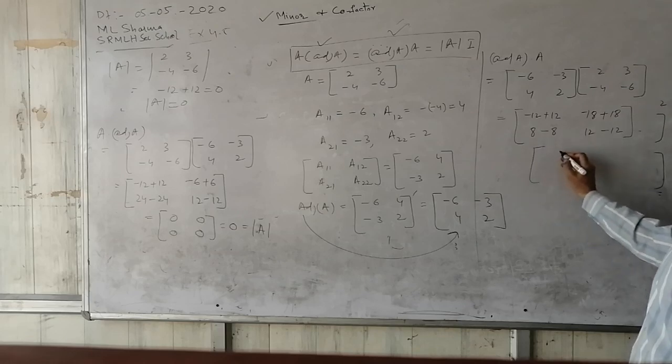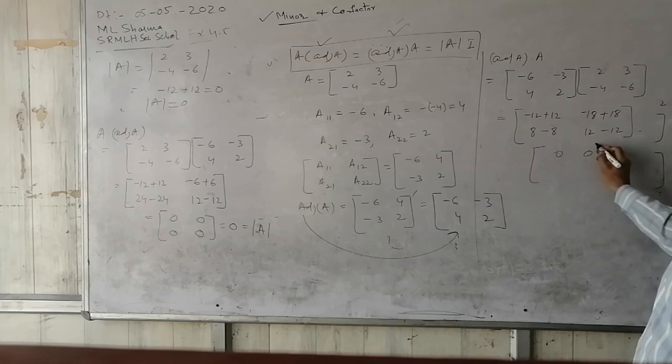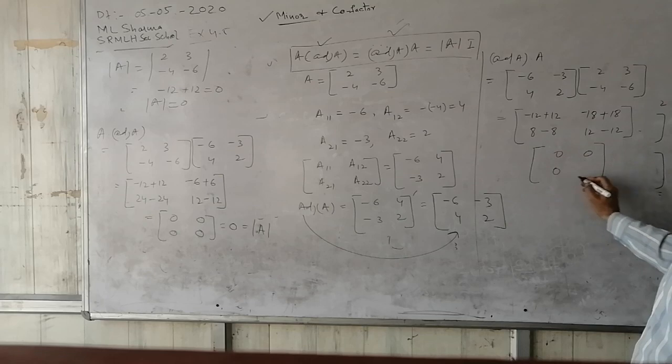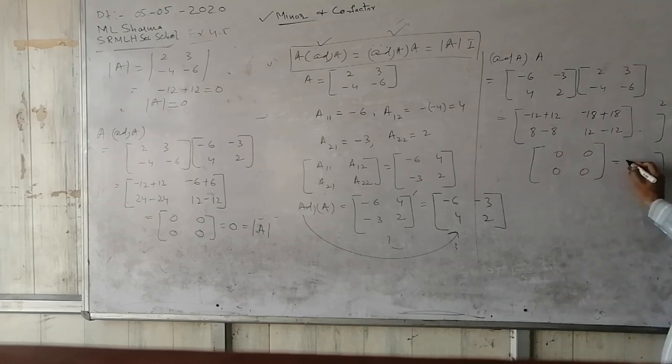So this will be 0 here, 0 here, again 0, again 0. That means this is the value of determinant A.